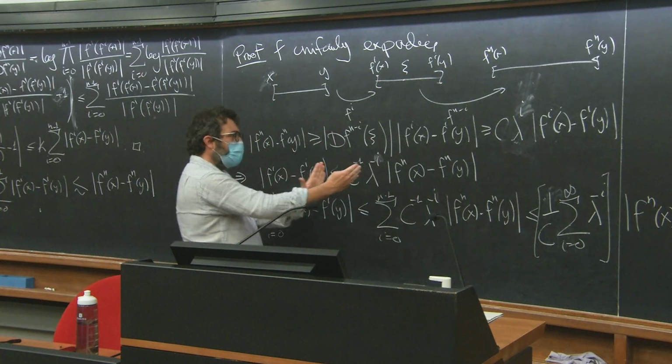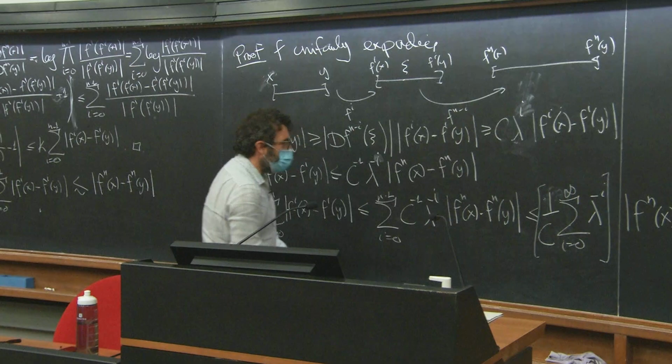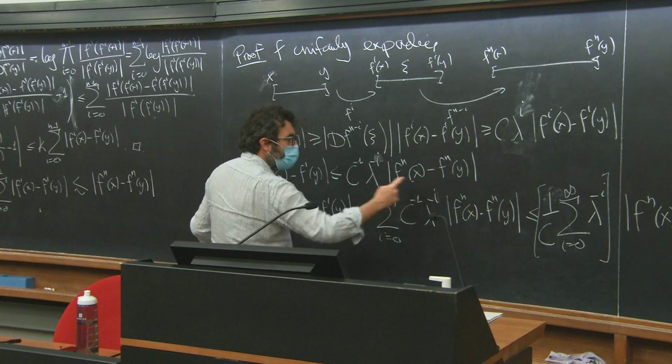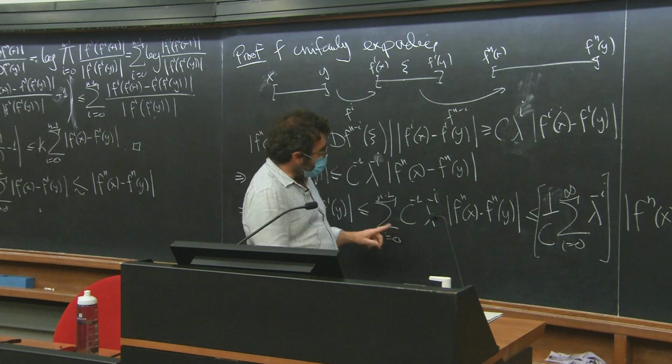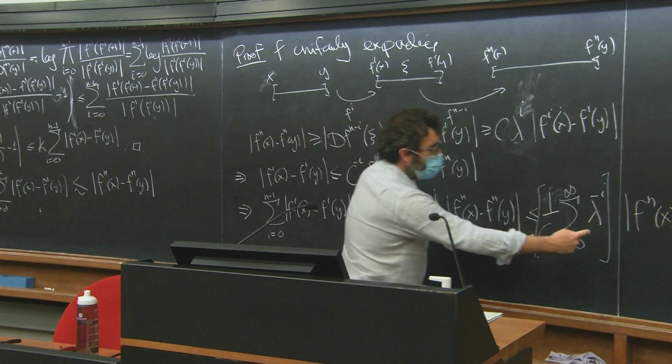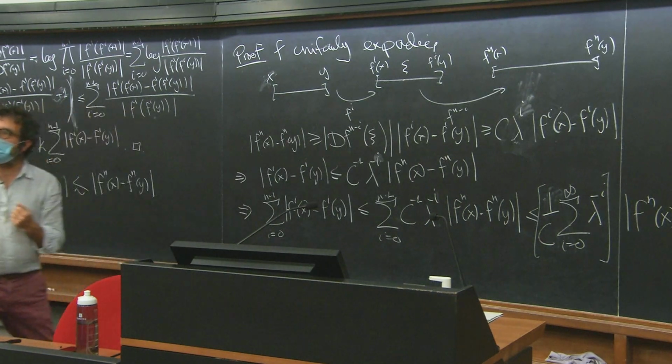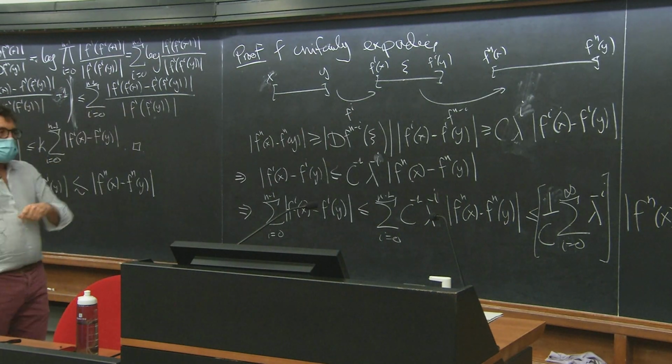So all of these are exponentially small. So you can sum all of these, and these are uniformly bounded because this sum here is bounded by the infinite sum. It's a backward geometric series. And so it doesn't matter.